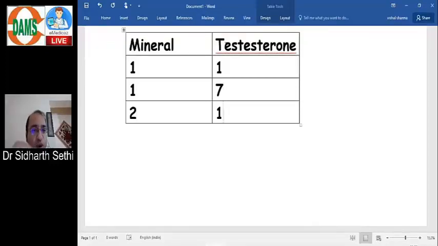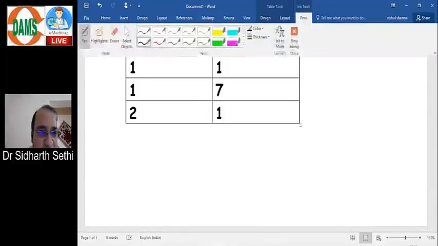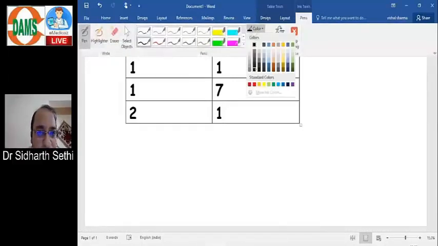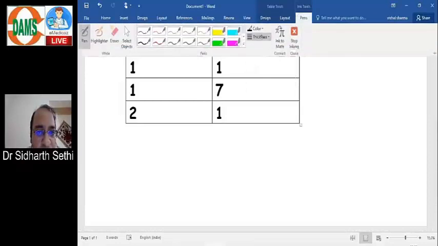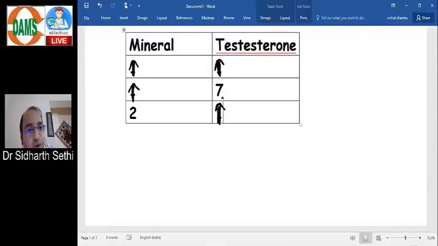Everyone, can you see this 1? This 1 looks like an arrow here. So let's make an arrow here. So 1 means mineralocorticoid is high. So in 11 hydroxylase deficiency, both mineralocorticoid and testosterone are high.